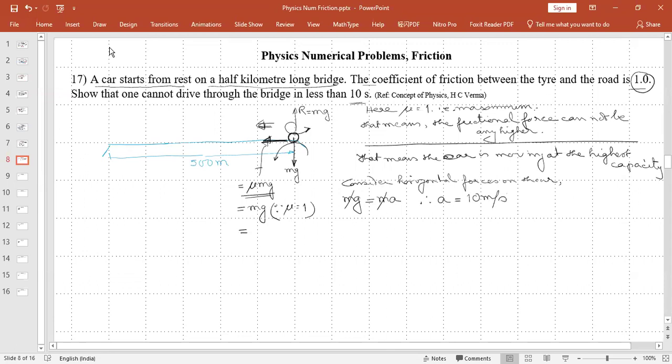The acceleration a is 10 meter per second square. Since we have the acceleration a and we have the length of the bridge, 500 meter, it is easy now to find out. Use the formula s is equal to half a t square.